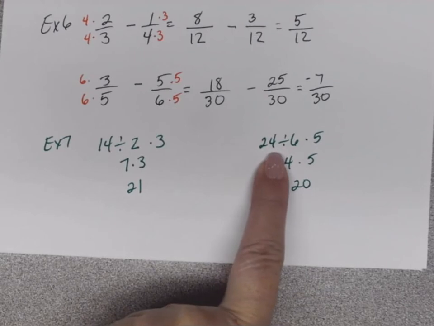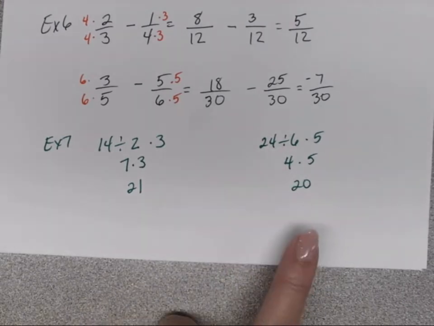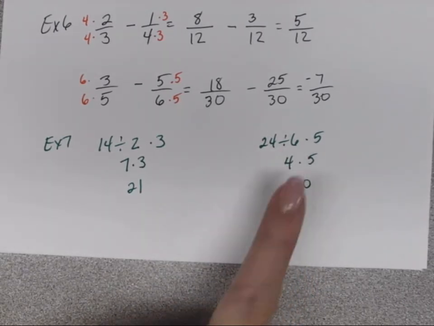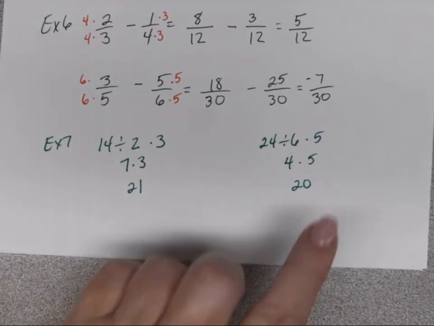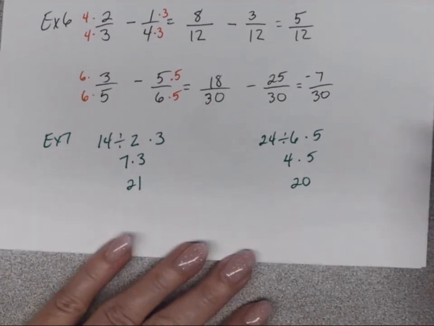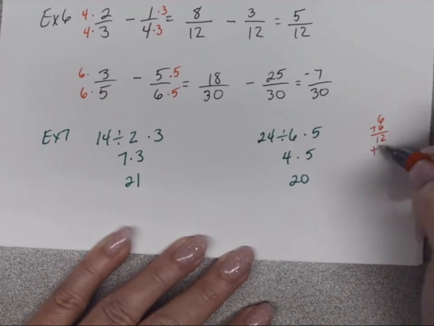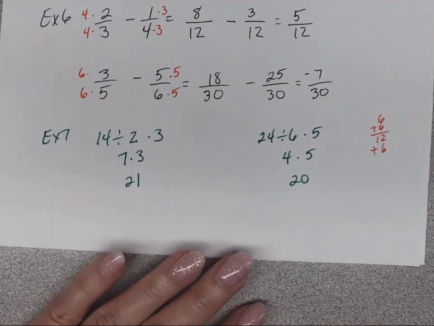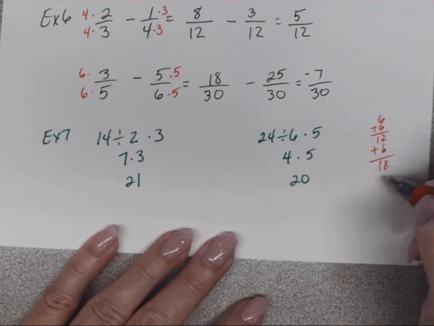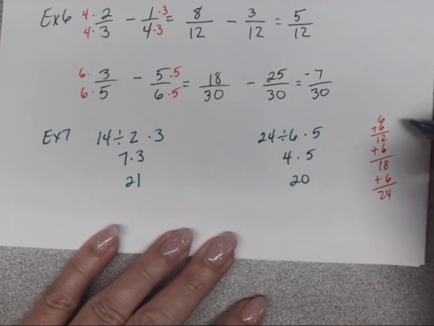But if I don't know that 24 divided by 6 is going to get me 4, what I can do is I can go off to the side and I can start adding 6s. So I can go 6 plus 6 gets me 12 plus 6 will get me 18 plus 6 will get me 24. So now I know I have 1, 2, 3, 4.